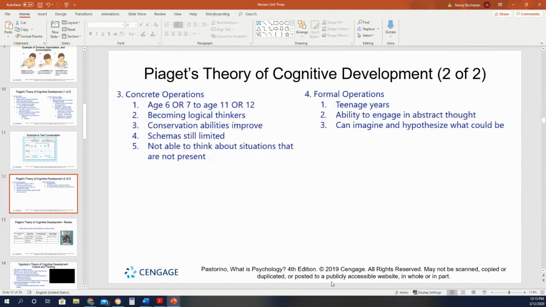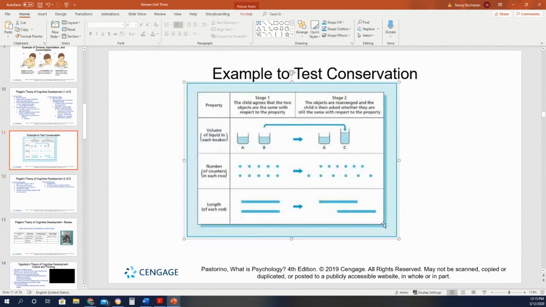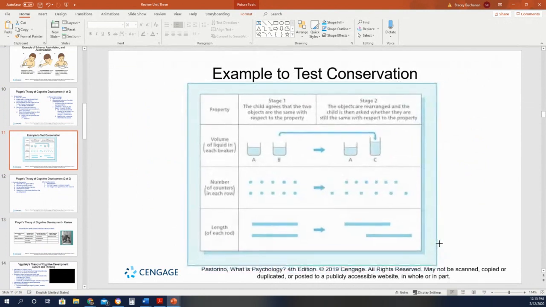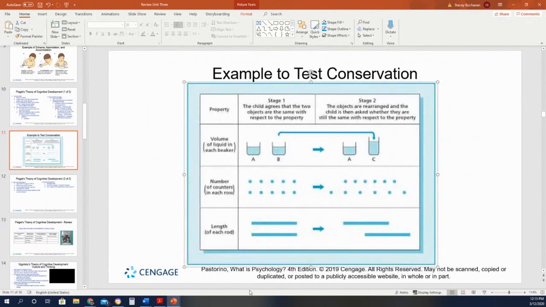So concrete operations, conservation abilities improve. So I'll show you an example of what I mean by conservation abilities. This is actually used for young children to test their ability with conservation. They put two glasses beside each other with the same amount of liquid. And as you can see, the child says, those have the same amount.